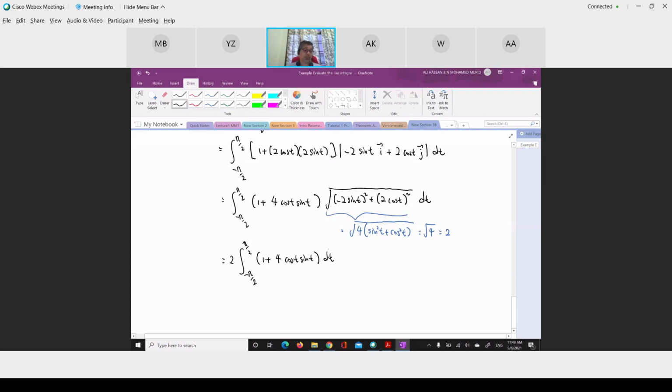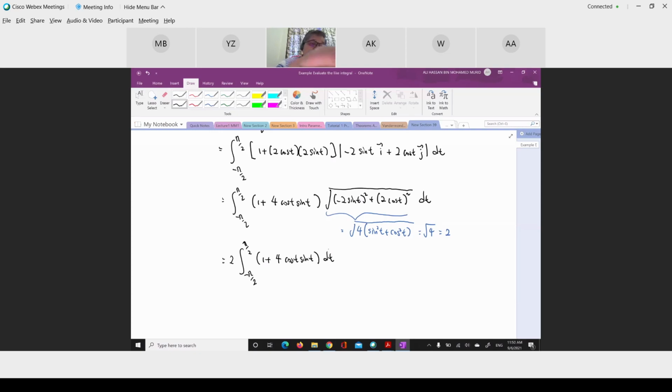Any idea how to evaluate this single integral here? Change cos t sin t to sin 2t, right? Yes, and then we can easily integrate it.